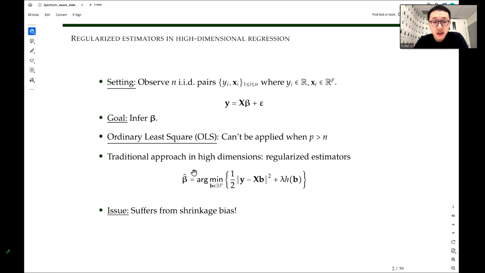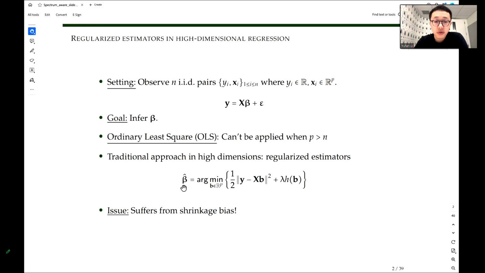A classical approach for the high dimensional setting is using regularization. You basically just add a penalty term to the quadratic loss, and then you can have your lasso or ridge regression estimator. But the problem is these methods are often designed for prediction.